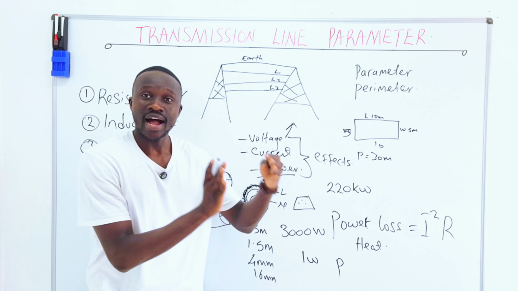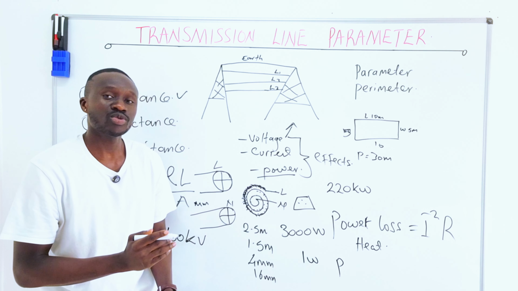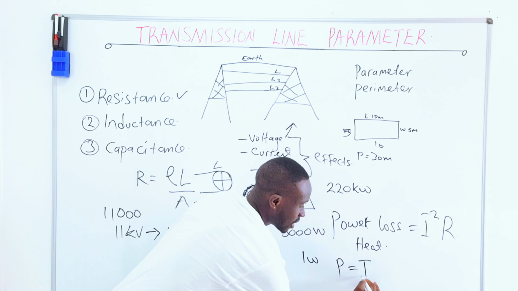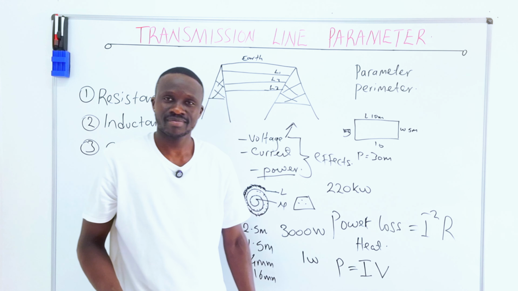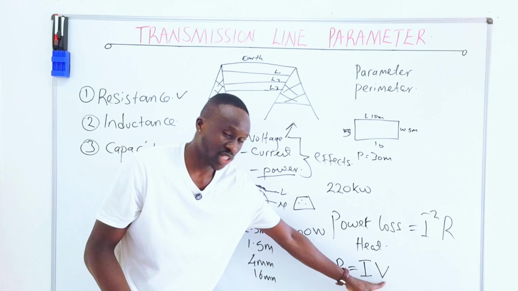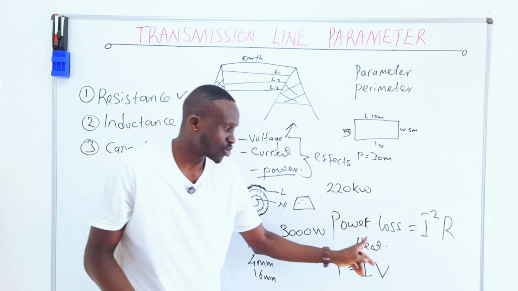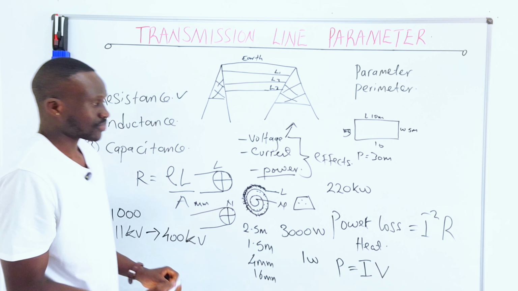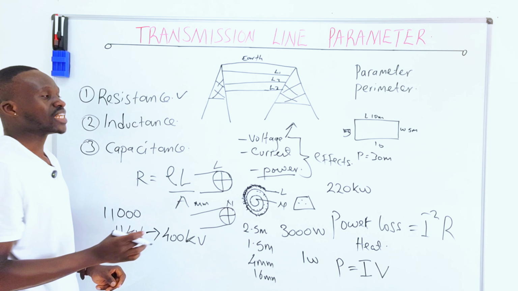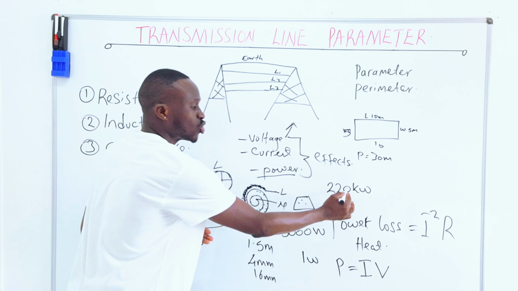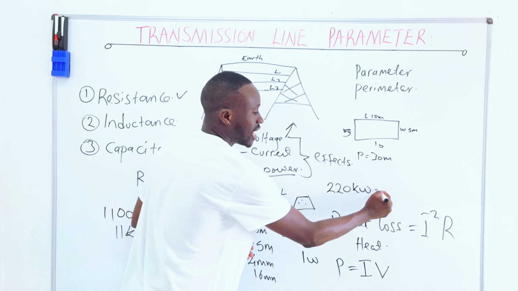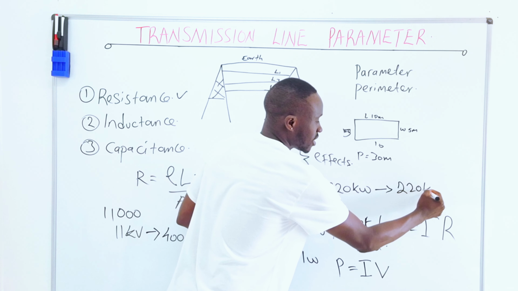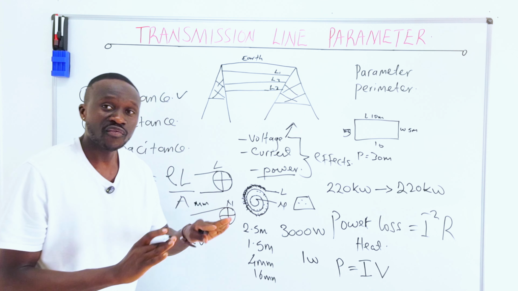There will be no high power loss, and that's why we use the power formula of current times voltage. When you're talking about power loss because of the resistance, we use current squared times resistance, and our power will flow the same. If it is 220 kilowatts, after transmitting we shall still have 220 kilowatts, the same power, if you increase the voltage.